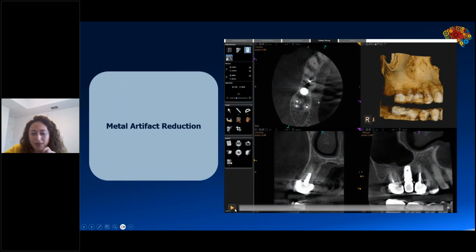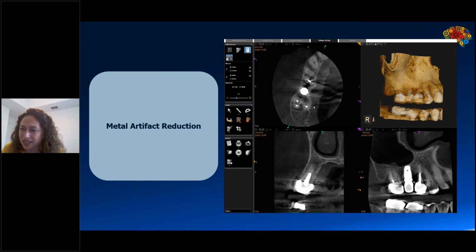So an example of metal artifact reduction, this is a small field of view scan, posterior right maxilla, and you can see we have crowns, implant, posts, and in this case, it's very normal to see beam hardening. So to see a dark area between the post and the implant.